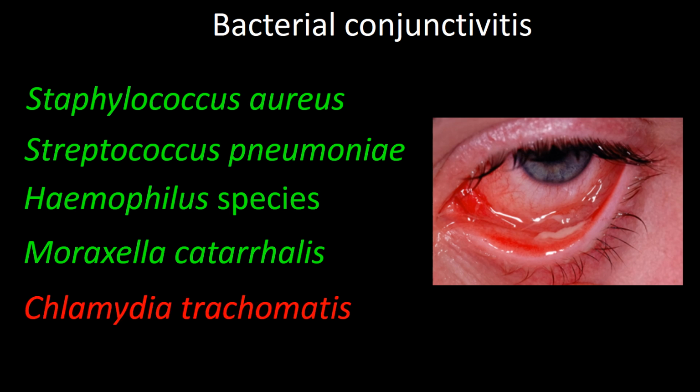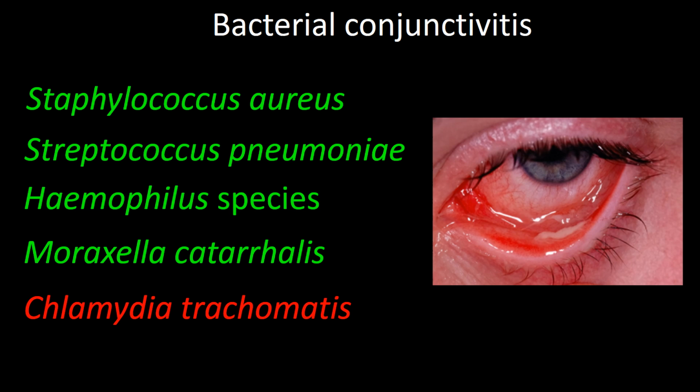Patients with chlamydial conjunctivitis often do not respond to treatment with regular antibiotics. Hence, suspect chlamydia conjunctivitis when dealing with a patient with bacterial conjunctivitis that does not respond to the usual topical antibiotics, or if some aspect of the history, such as sexual promiscuity, suggests chlamydial as a possibility.